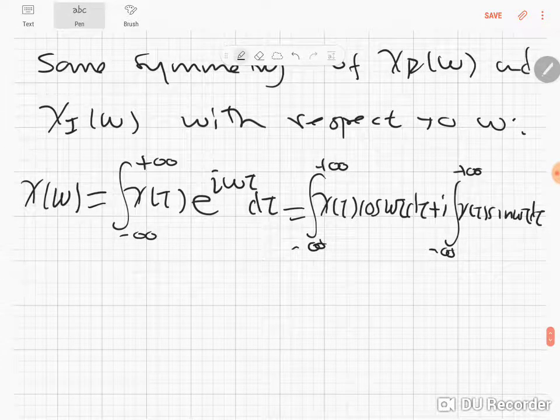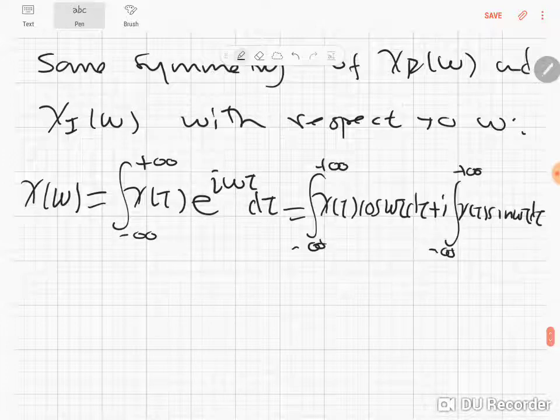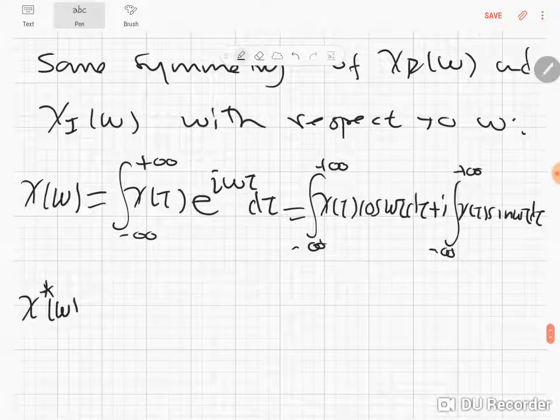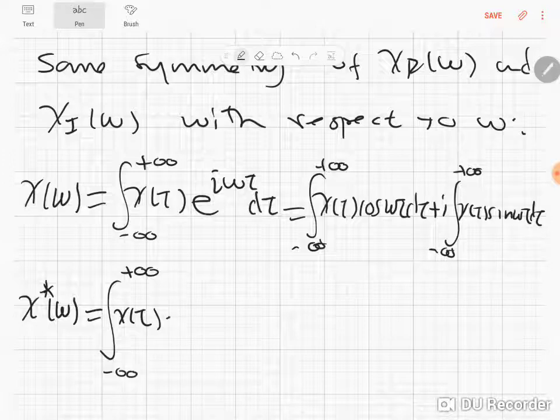Okay? Now, what happens here if I then take the conjugate of chi of omega? So what will happen is that I will have this integral here, now with minus omega tau d tau.